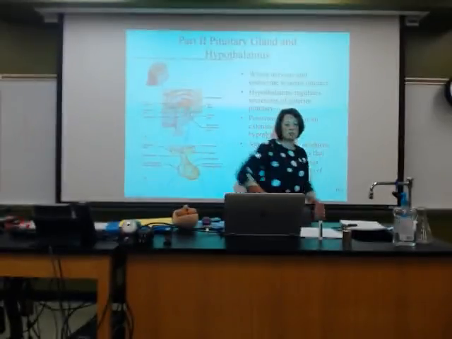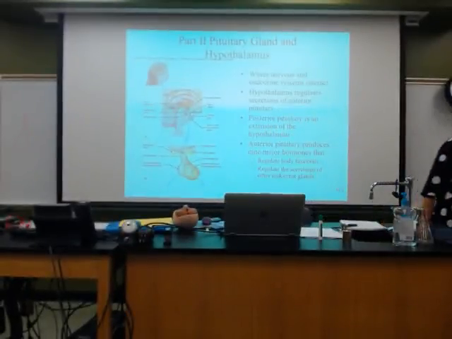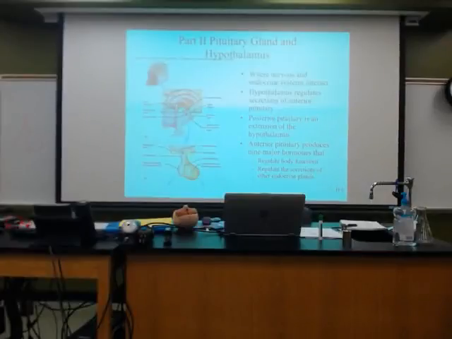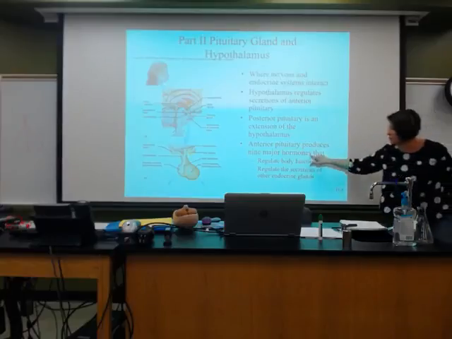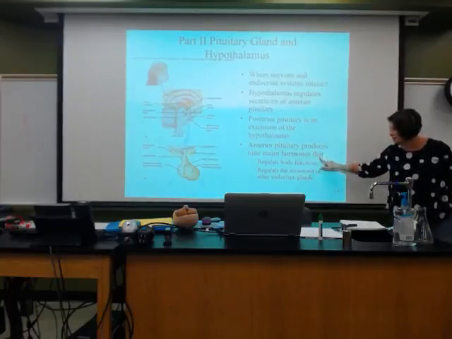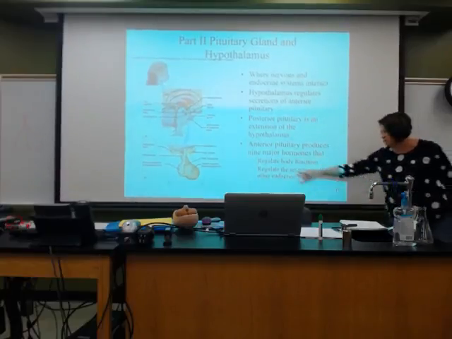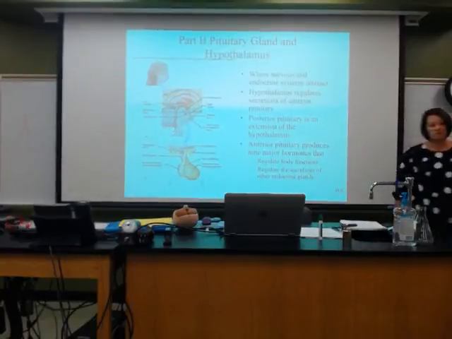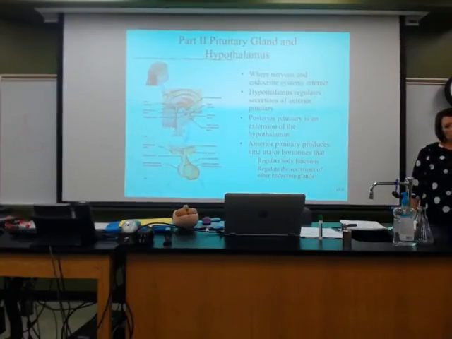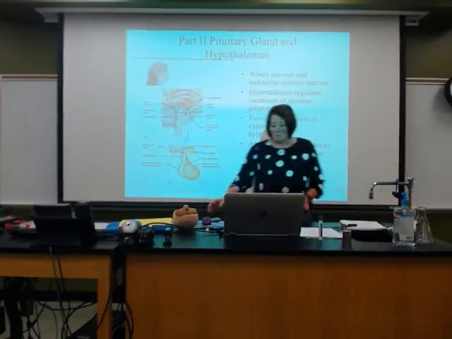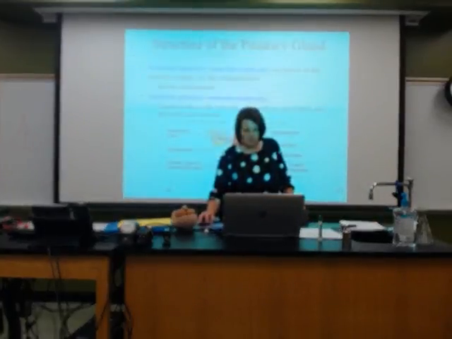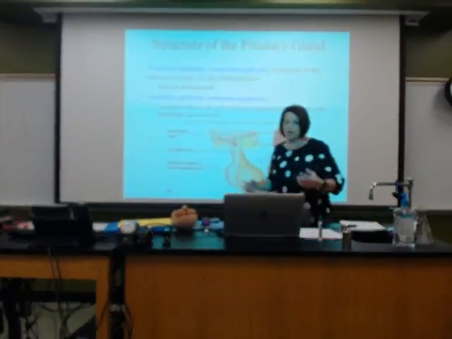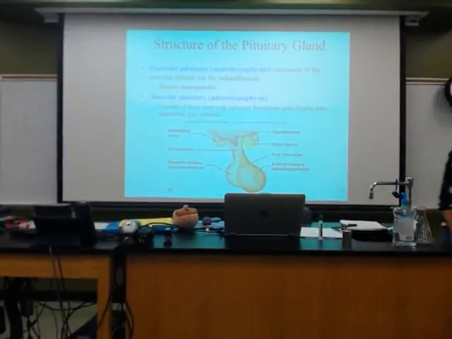What were some of the other glands? The adrenal glands, the thymus, pancreas, the thyroid. So it produces hormones that regulate body functions and regulate secretions of those other endocrine glands.